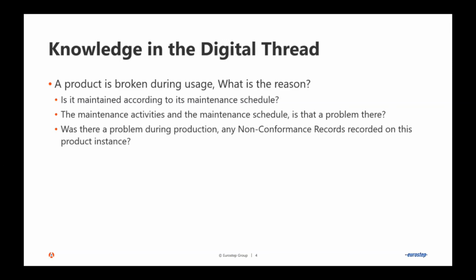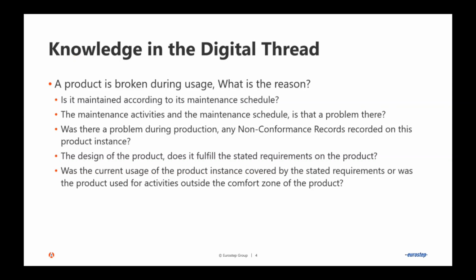Perhaps a non-conformance record was assigned to the product instance? Does the design of the product fulfill the stated requirements on the product? Was the current usage for the product instance covered by the stated requirements? Or was the product used for activities outside the comfort zone of the product? And so on.